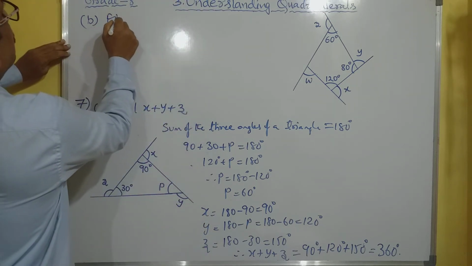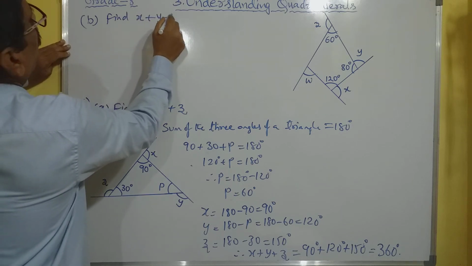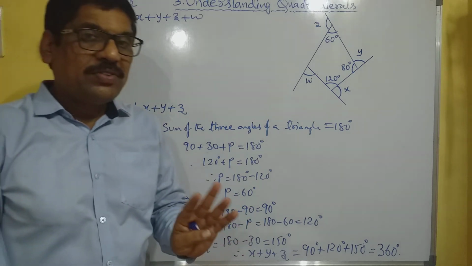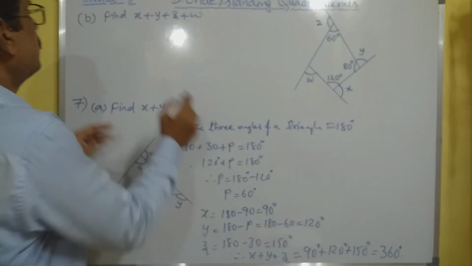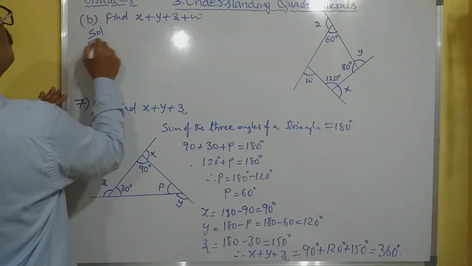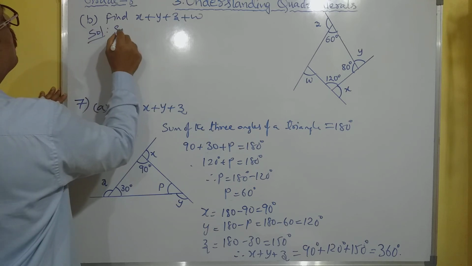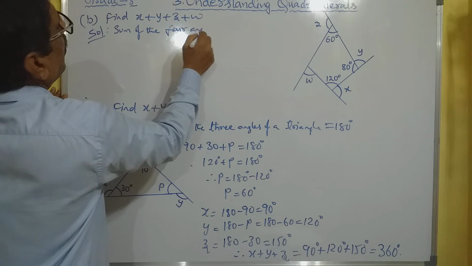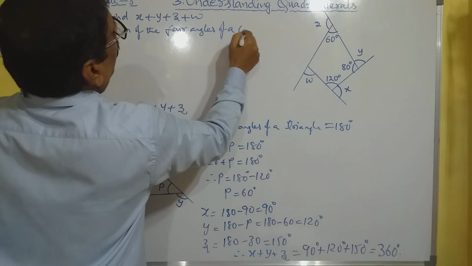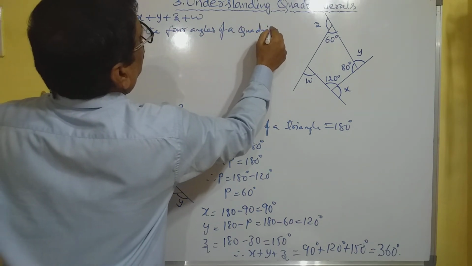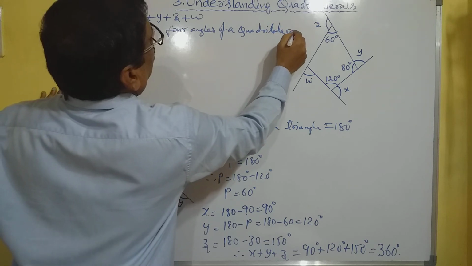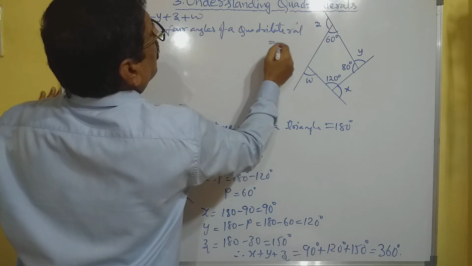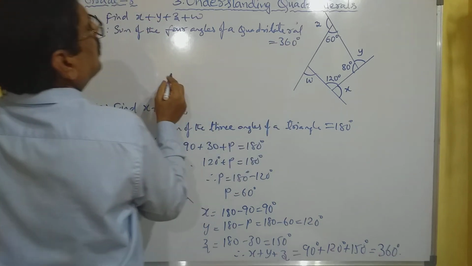So find x plus y plus z plus w. Now here also, what is the sum of the four angles of a quadrilateral? Solution. The sum of the four angles of a quadrilateral is equal to 360 degrees.